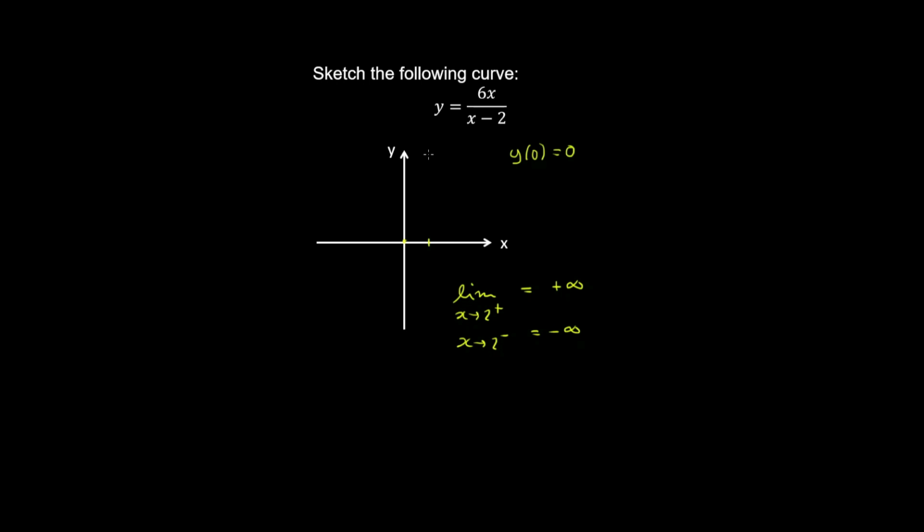So we can draw in our asymptote at x equals 2. And now if we take the limit as x goes to infinity, and also as x goes to minus infinity, well, what we'd get is 6. So we have a horizontal asymptote at y equals 6. And now we can plot our curve.